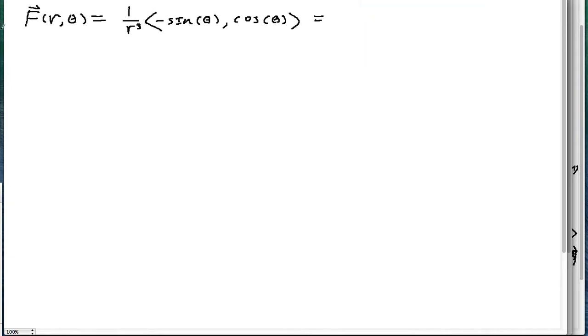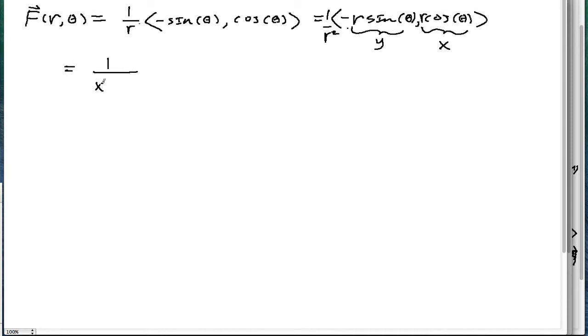Apologies there, let me back up a second. That's not a 3, that's just the first power. But now we'll make it 1 over r squared, and multiply an r on the top and the bottom. We get negative sine theta, cosine theta times r there. So that of course is y, that of course is x, and that we can write as 1 over x squared plus y squared times the vector negative y comma x.